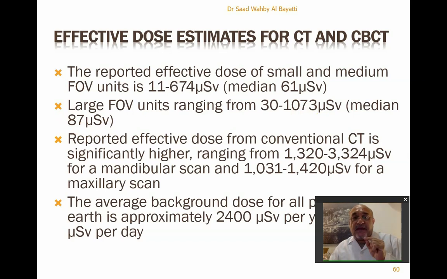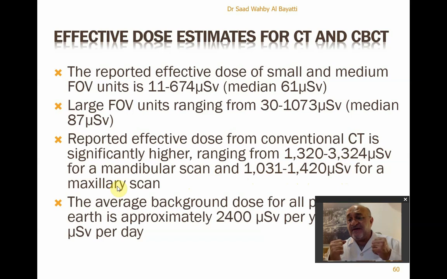But the effective doses from conventional CT, that is the CAT scanners, is significantly higher, ranging from 1320 to 3300 for a mandibular scan, and let's say 1000 to 1004 microsieverts for a maxillary scan.